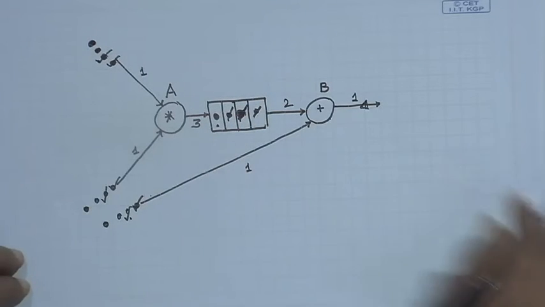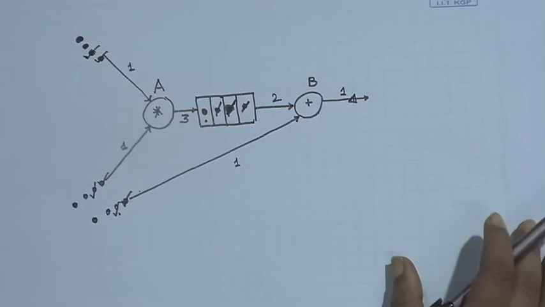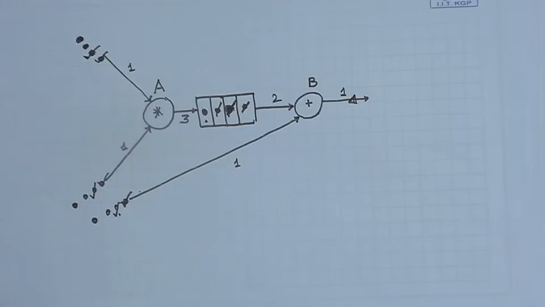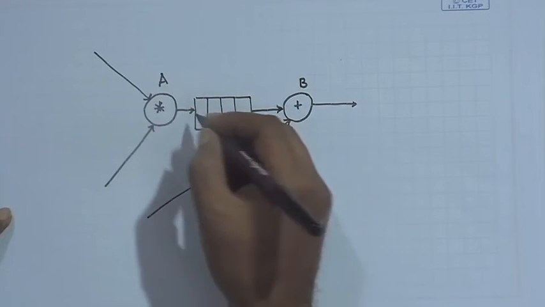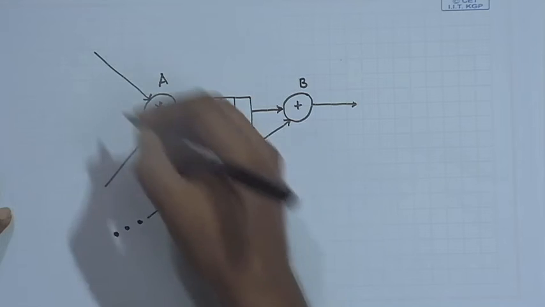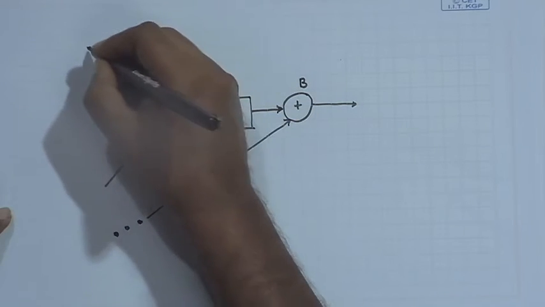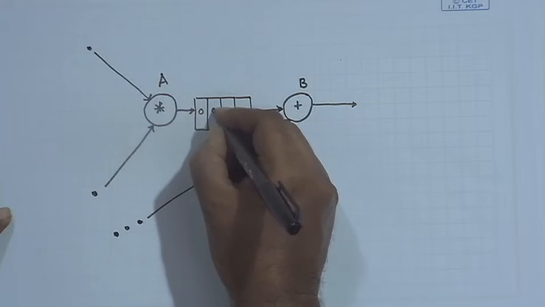So, if you animate this repeatedly, then you will find that ultimately we have 1 token, 3 tokens left here, 1 token here, 1 token here, and 4 tokens here.